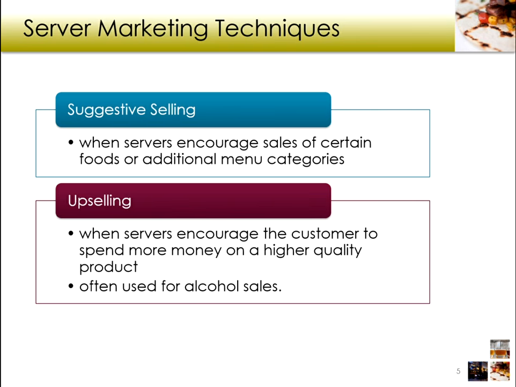So you've paid for all your labor, you've paid for your rent, you've paid for your utilities, you've paid for all those. All you're going to do when you have upselling is increase your food costs a little bit. So the profit margin on that extra $1 that you bring in is no longer 5%. It's now more like 50 or 60%, at least. So it's a great way to increase your profit margins as well as your overall sales.